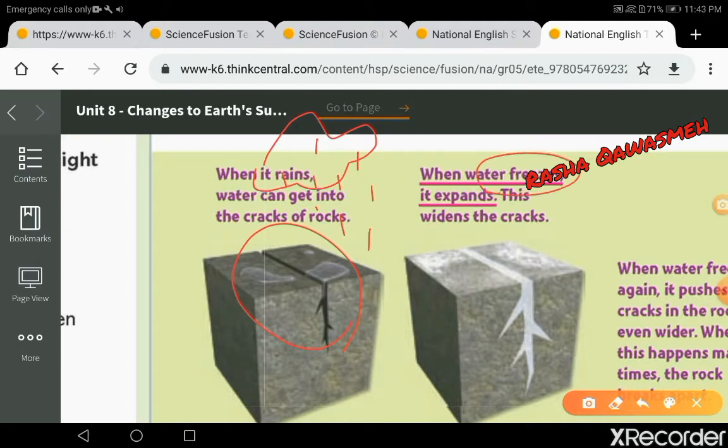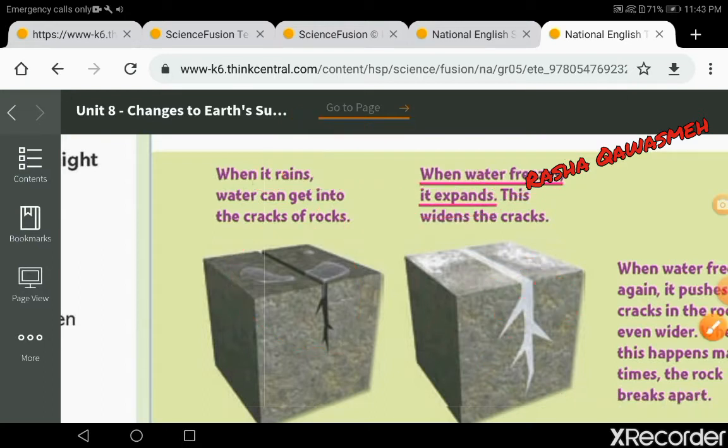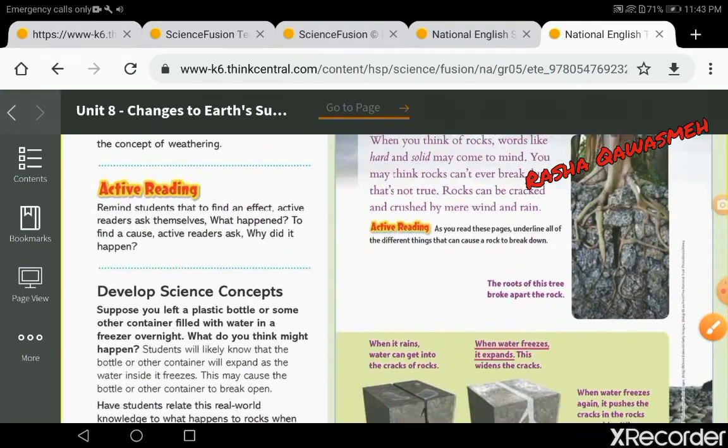It freezes. And when it freezes, what happens to its volume? It expands. When it expands, it pushes the edges, okay? So the rock will break, okay?